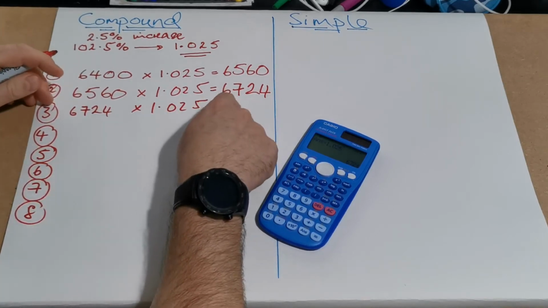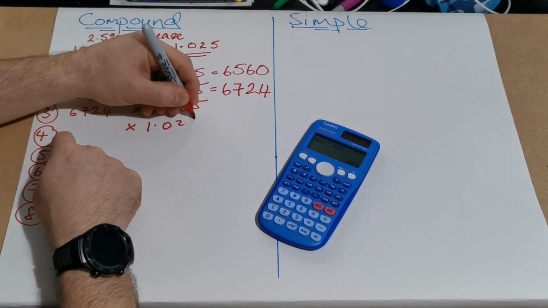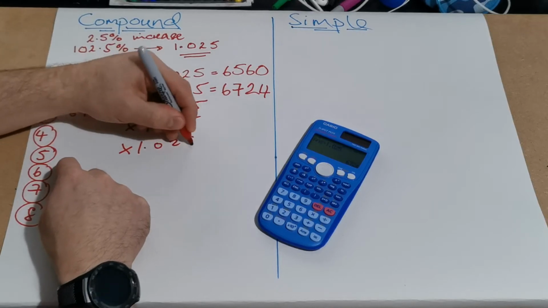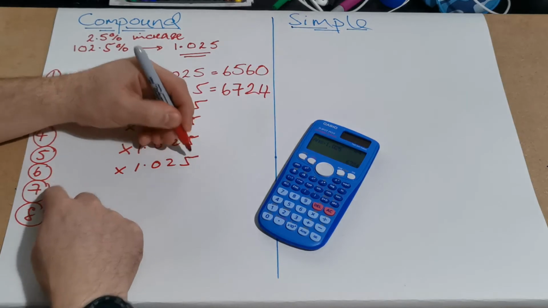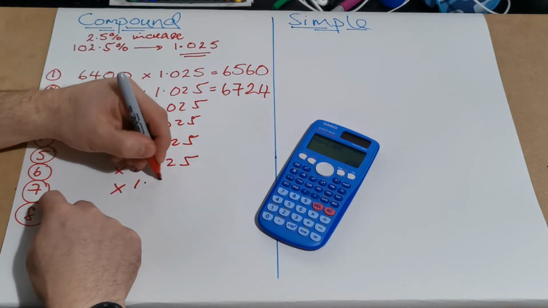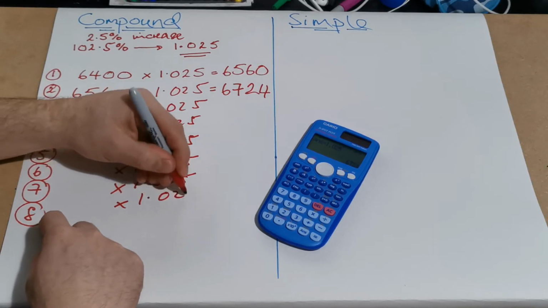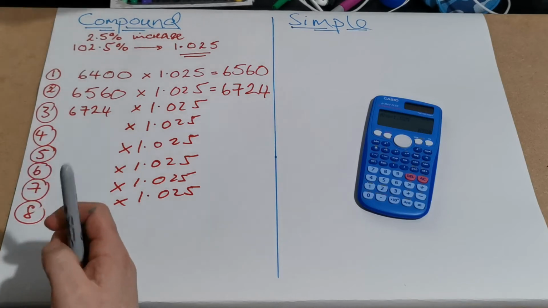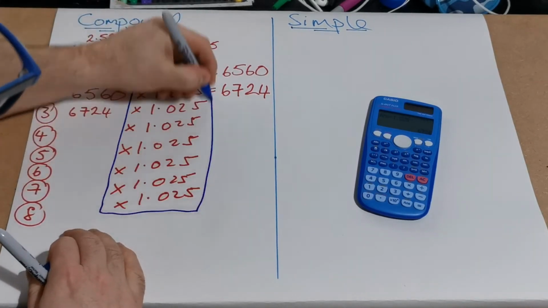So each time I'm getting the value and I'm times it by 1.025 and times it by 1.025 and times it by 1.025 and so on. So overall I've times by 1.025 8 times.